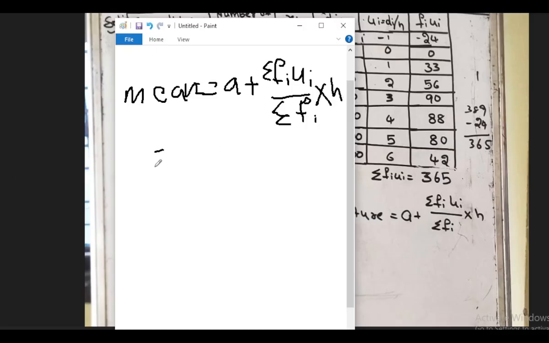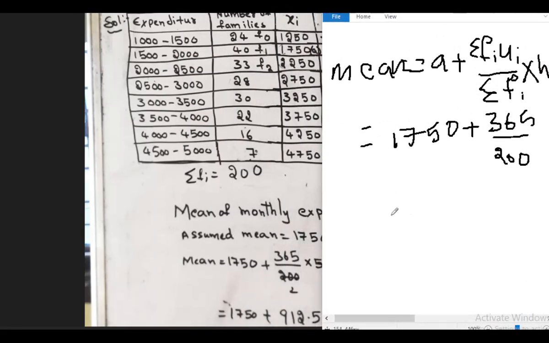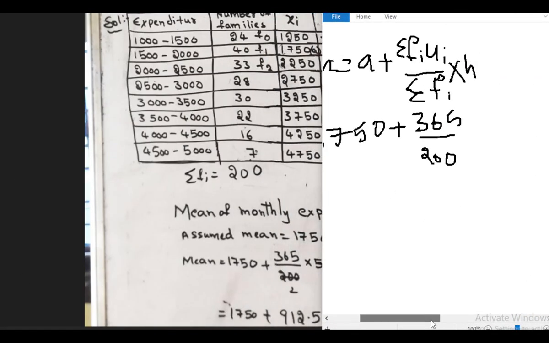A is the assumed mean, which is 1750, plus sigma Fi Ui, which we got as 365, by the frequency total, 200, into the height of the class, which we got as 500.